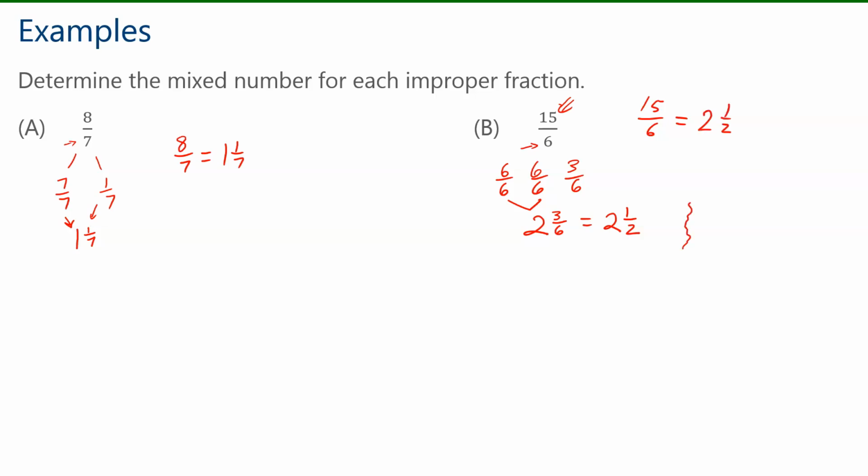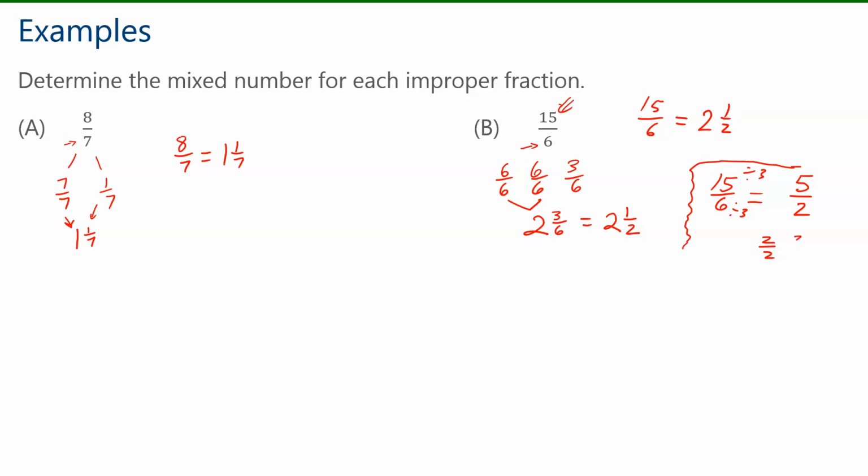Let's have a second look at this particular example. If you notice at the beginning that 15 over 6 can reduce, I could divide numerator and denominator by 3, the GCF, and that would give me 5 over 2. So that makes the numbers you're working with smaller. But then you approach it the same way. If I have 5 over 2, then 2 out of 2 will give me a whole.